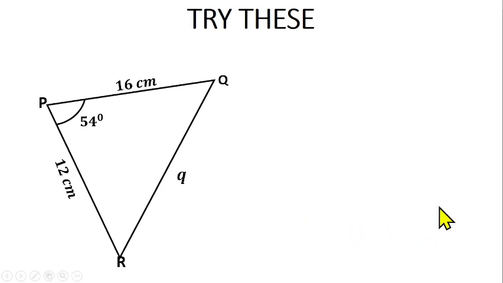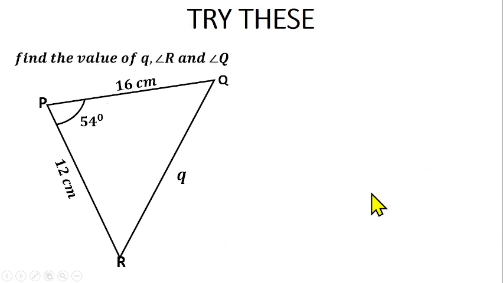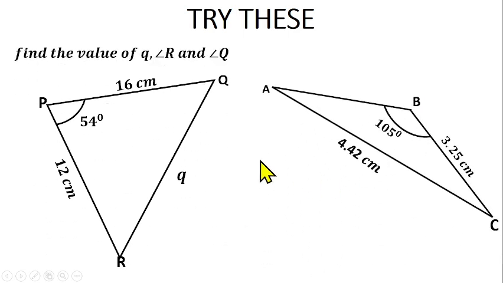I believe you understand the sine rule and cosine rule based on the way we have explained so far. If you understand this, I want you to attempt these two questions on the screen right now. You have to find angle Q in this diagram, given this side, this side and this angle.